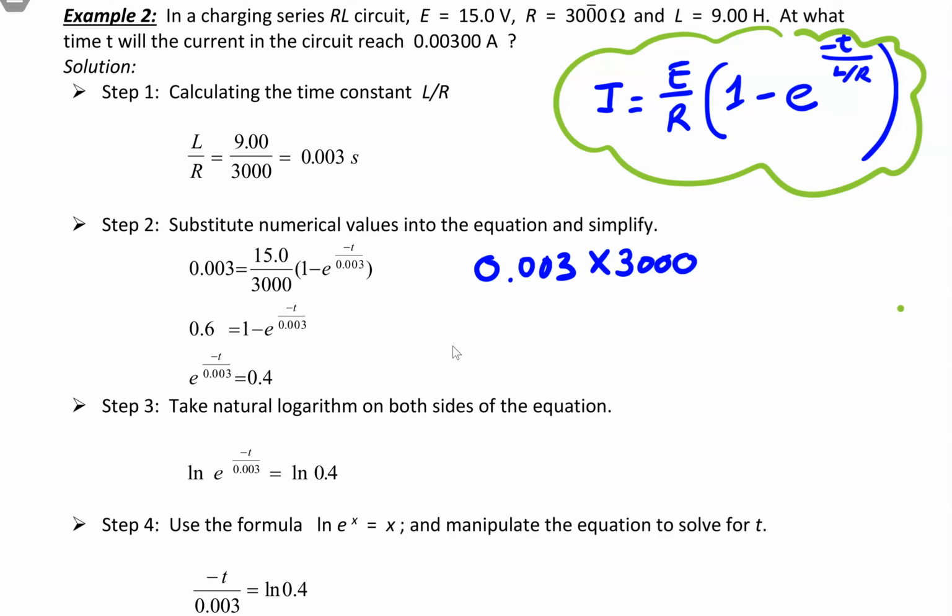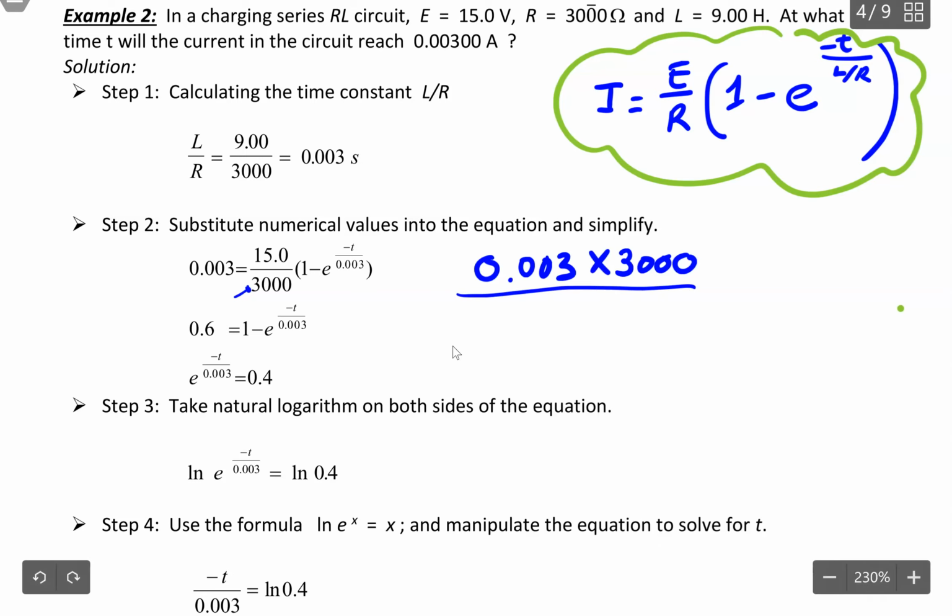That's one way of solving an equation: you change the operation when you move the number across the equal sign. So right here, I divide by 3000, I bring it over and multiply. And here, you multiply by 15, you bring it over, you divide by 15. So if you perform this operation, it turns into 0.6.